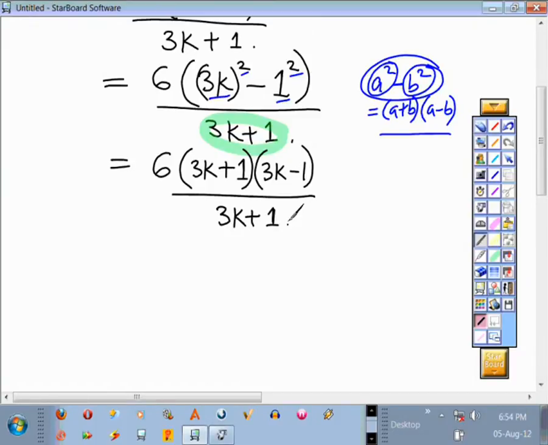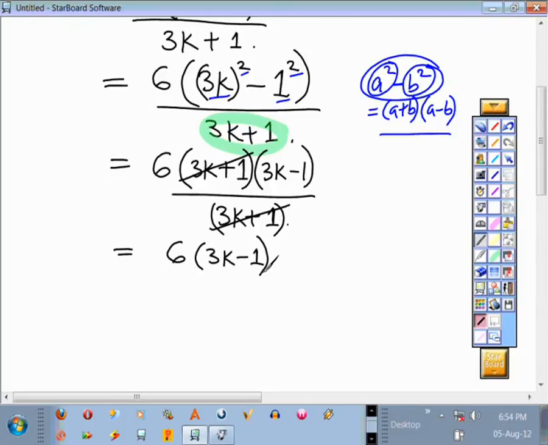Now obviously we can see that this statement and this statement are similar, and therefore they cancel out, leaving us with 6 into 3k minus 1, which is our final answer.